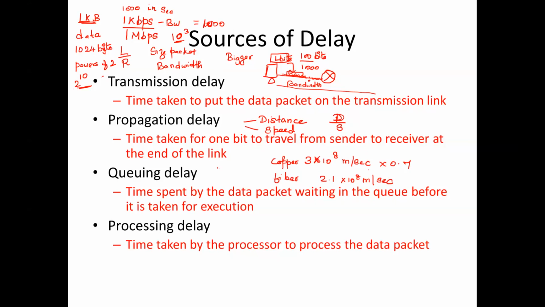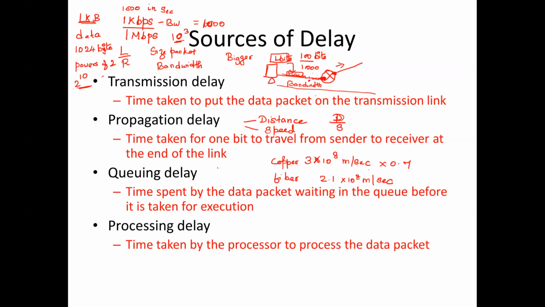Now, the next type of delay is called the queuing delay. When do packets have to wait before getting transmitted? Only if some packets have already arrived early and are waiting to get processed, they'll wait. Let's take the packet has reached this router, and let's assume it is also processed, and it is going to go out of this outgoing link.